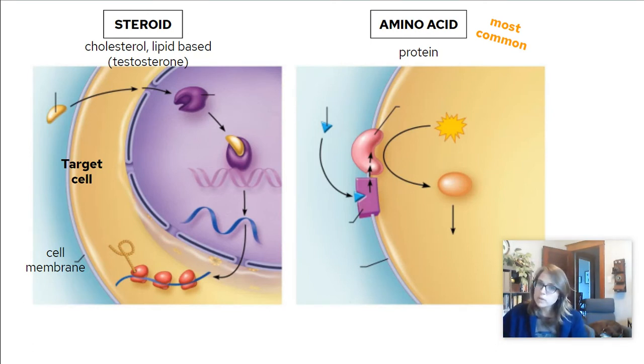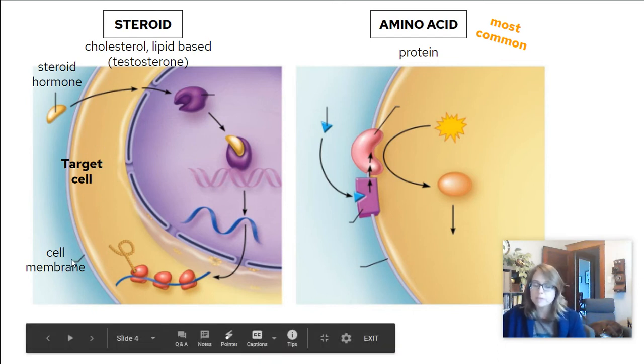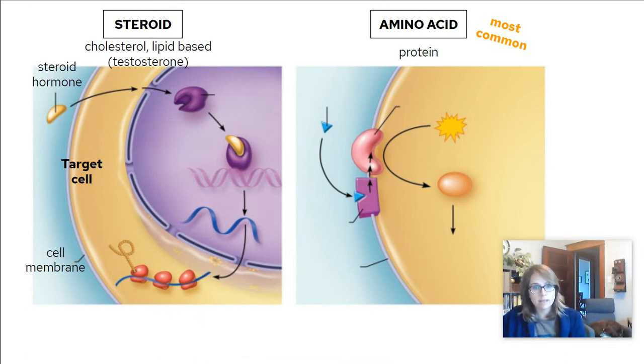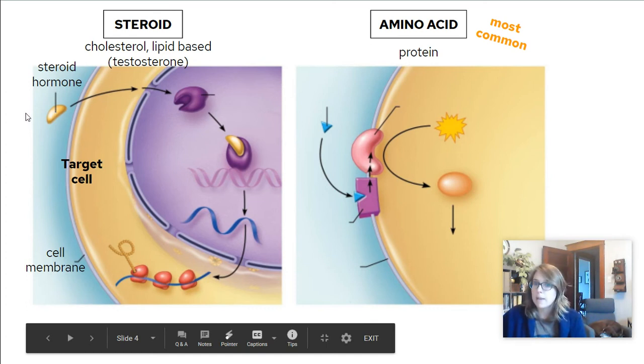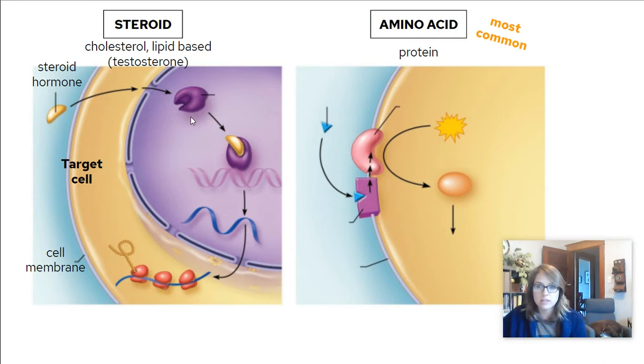So what steroid-based hormones do, and here's my steroid hormone, is because they're a lipid and because my cell membrane is made up of lipids, remember from Bio 1-2, the phospholipid bilayer. Because it's a lipid, these hormones can come straight into my cell, the target cell that it's meant to affect. And this is a good thing, it's meant to do this.